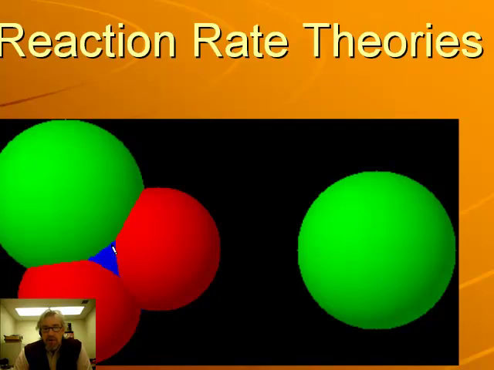The goal of this reaction is to react these two particles to end up with the two green atoms combined as a product and the two red and the blue atoms combined as a separate product. Because the particles were oriented improperly, this collision did not occur green to green, but green to red.